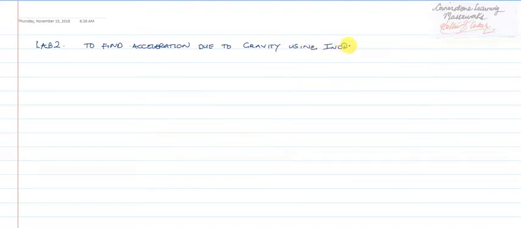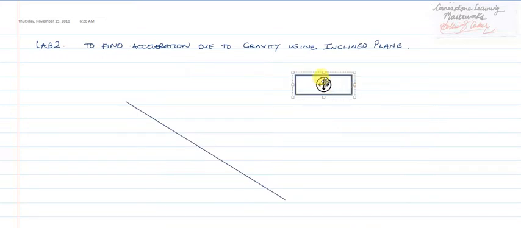We'll also be using a special motion measurement kit. Okay, so basically what we would do, we'll have an inclined plane, and on that inclined plane we'll have some kind of trolley.